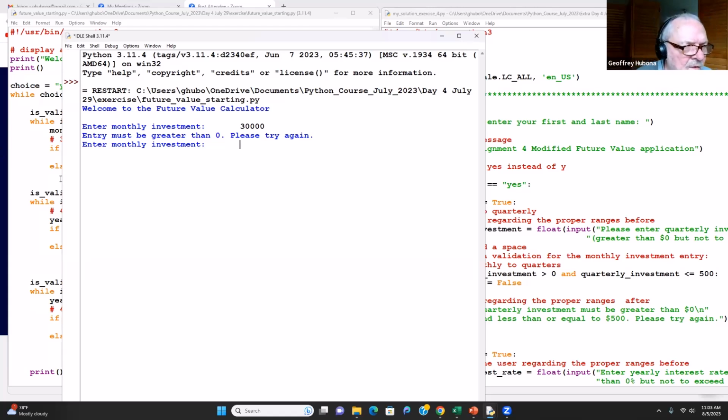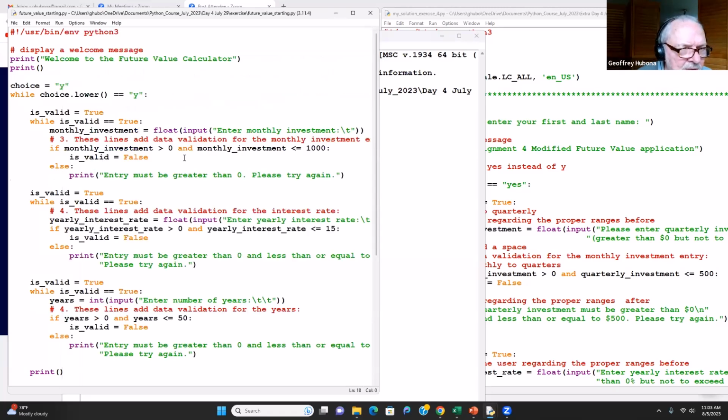If we look into the code, I don't remember off the top of my head, but here it is: monthly investment's got to be more than 0 and less than 1,000. Well, if that's true, you ought to tell them before they enter it. The idea when you write a program is to make it not only user friendly, easy to use and functional, a useful program, but it should be informative.